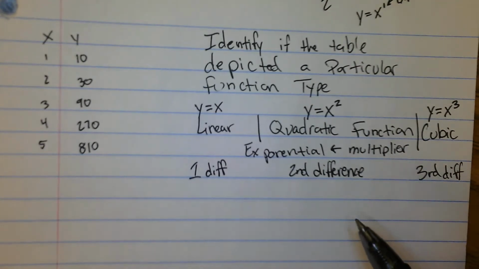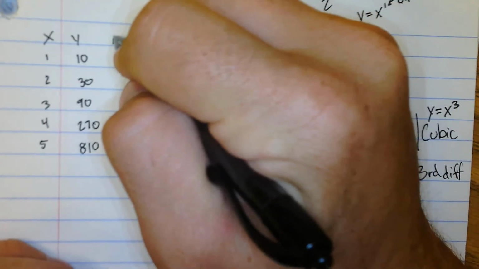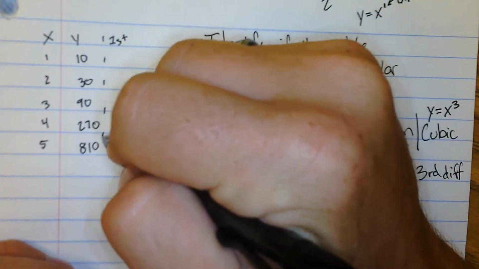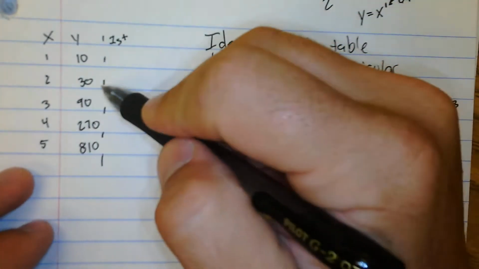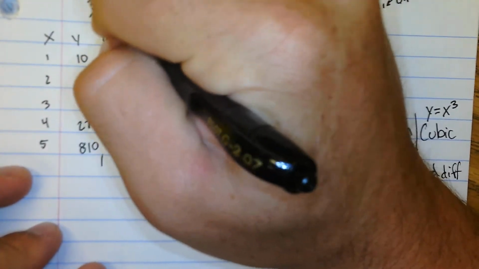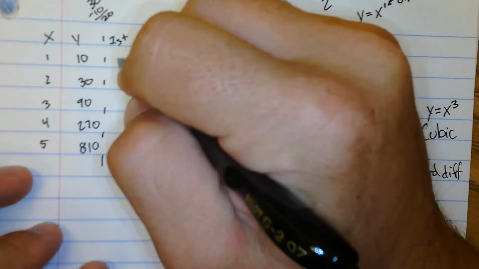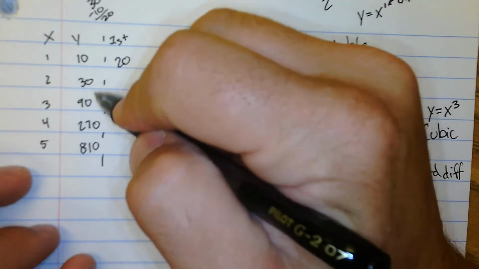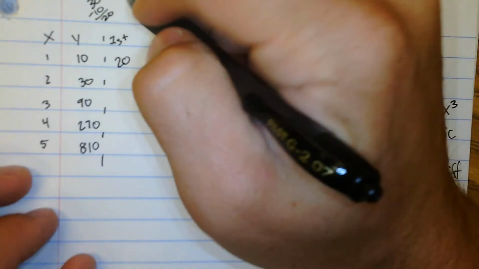Okay. Now, the first difference we find by subtracting 30 and 10. 30 minus 10 is 20. So the first difference was 20. The next one, we subtract 90 from 30.